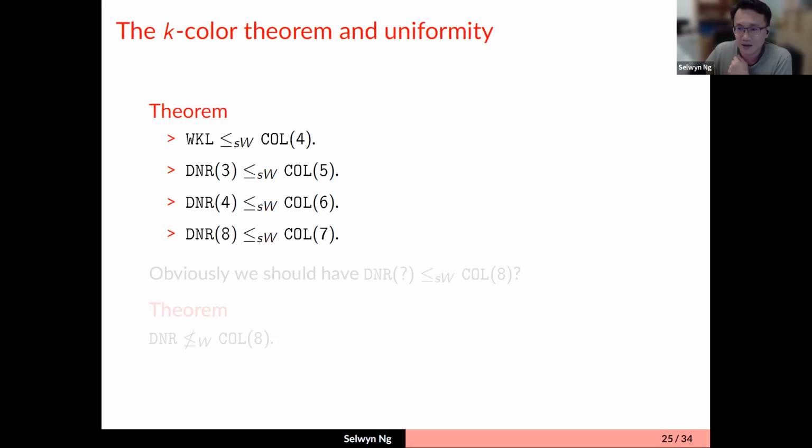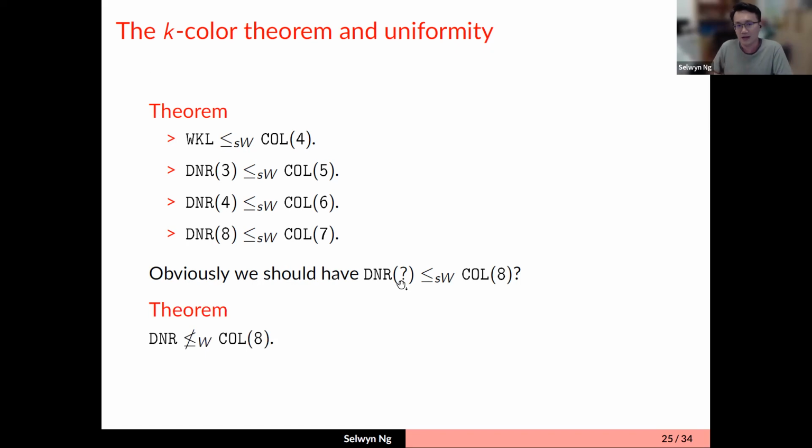But then for the 8-color theorem, you would expect maybe it goes up by 1, then by 3, and then maybe next by 5 or something. But actually it turns out that when we get to the 8-color theorem, even the full DNR with no restriction on the range does not reduce to the 8-color theorem.